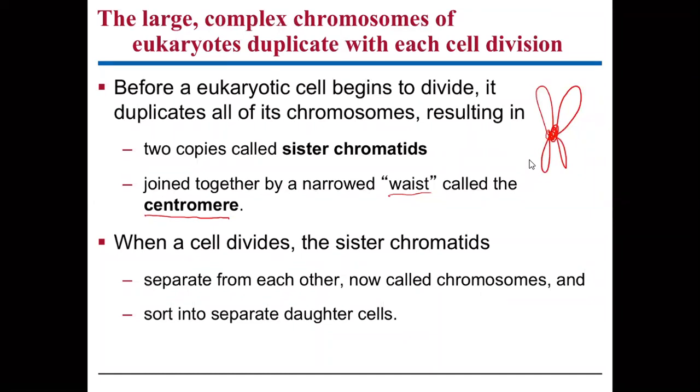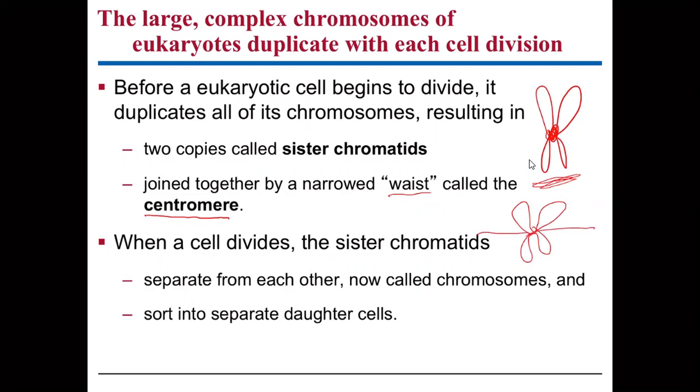Okay, so when the cell divides, the duplicated chromosomes align at the metaphase plate. This is an imaginary plane at the equator. The chromosomes would align at the metaphase plate and undergo a type of cellular tug of war, where each sister chromatid is separated and pulled into opposite poles. So we have here a chromosome. It will undergo cell division.